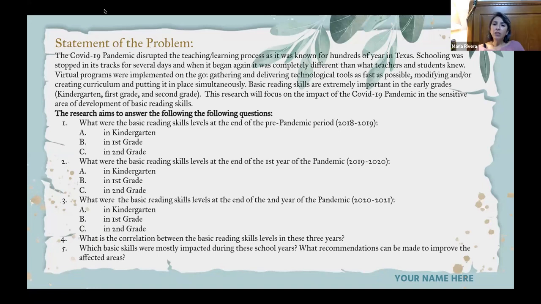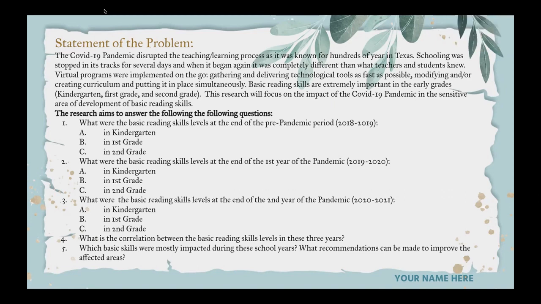Now, you mentioned that kinder, first and second are the early grades for reading, but rethinking, would it be better to look at second, third, and fourth grade, for example? Because if they were not in kinder, we're not going to have data on that.